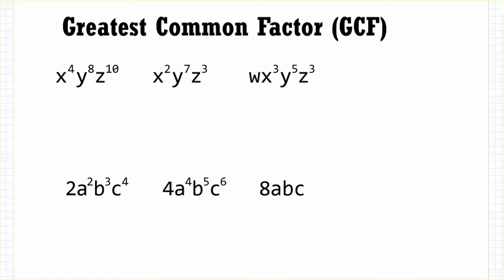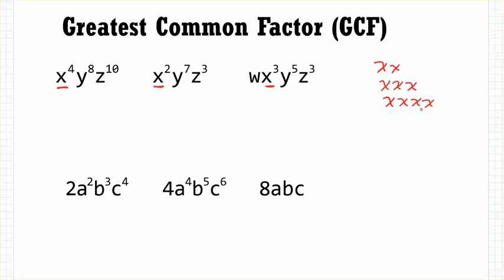For example, if I look at the x's, I have three sets here: x to the fourth, x squared, and x cubed. If we write this out expanded, x squared is x times x, x cubed is x times x times x, and x to the fourth has four x's.